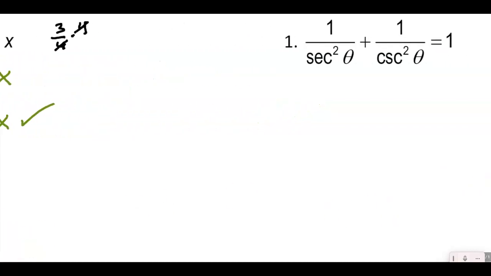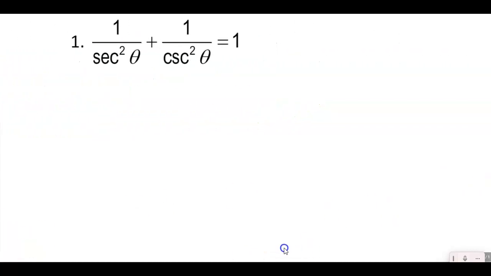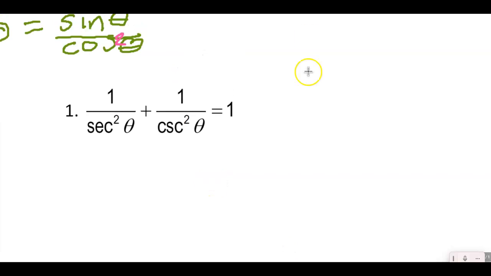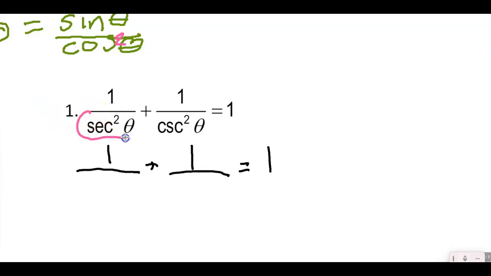All right, so let's practice a few more of these. All right, so what is secant squared simplify to? All right, so we have 1 over equals, and we'll substitute in what that simplifies to.